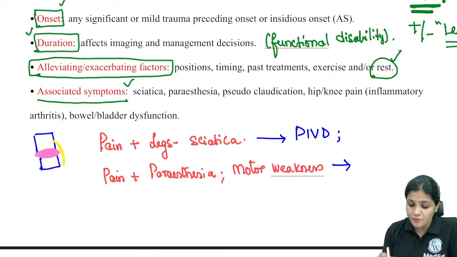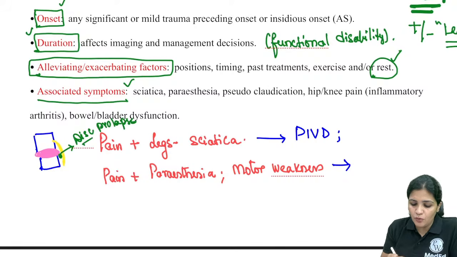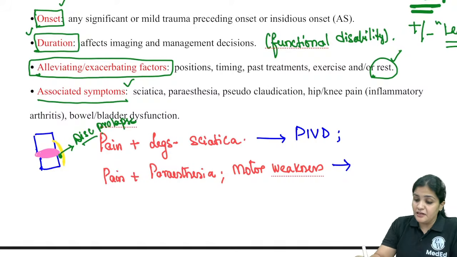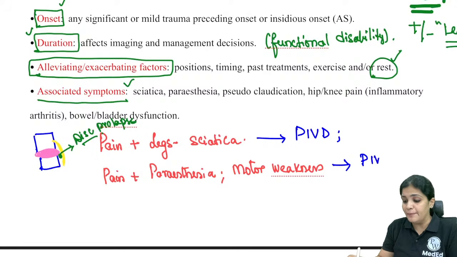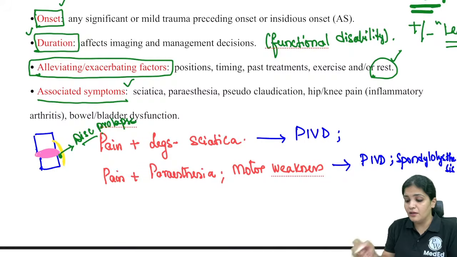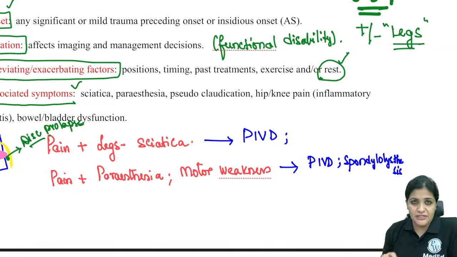So these nerves get affected whenever there is a disc prolapse. So this is the disc prolapse, right? And if this is a huge disc, then that might result in motor weakness and paresthesias. So PIVD, spondylolisthesis, all this will relate to your pain with paresthesias, right?